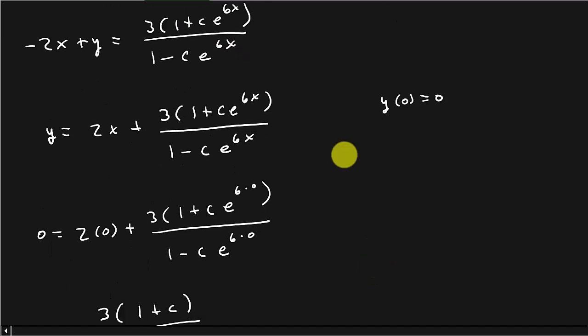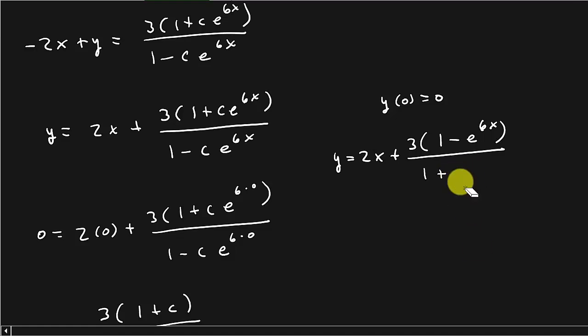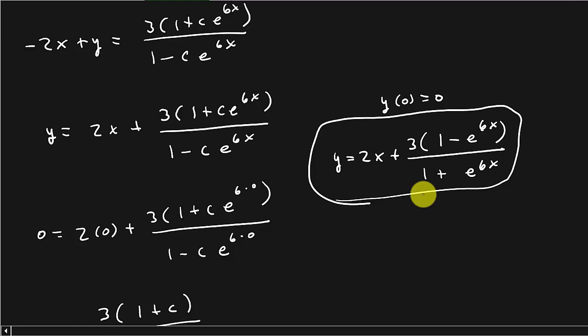And so that will give us our solution. y equals 2x plus 3 times 1 minus e to the 6x over 1 plus e to the 6x. And there is your solution.